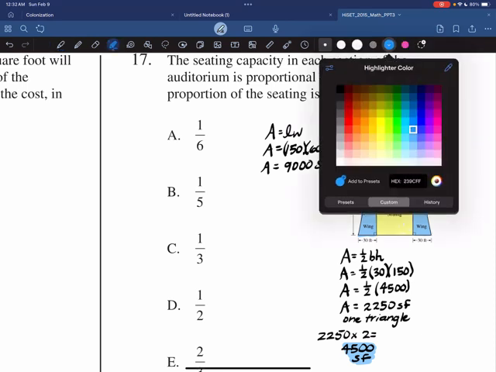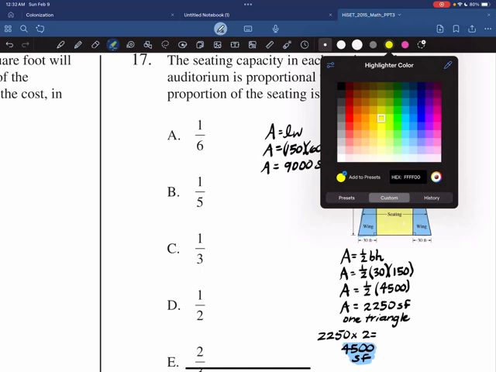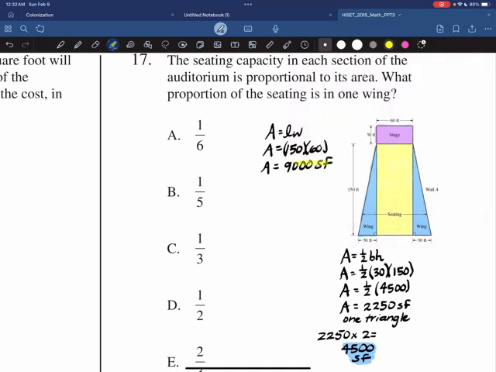This is a very large auditorium. This is some serious seating. So we're going to say 9,000 plus 4,500. And that's going to be 13,500. Let me double check. It's late at night.